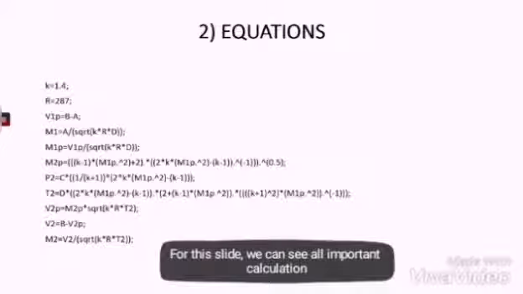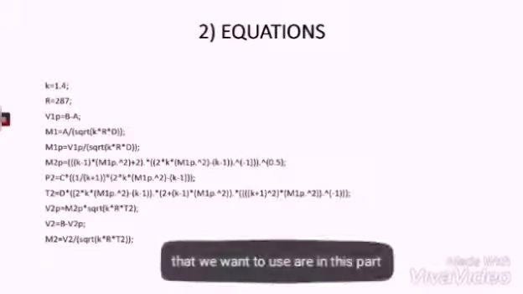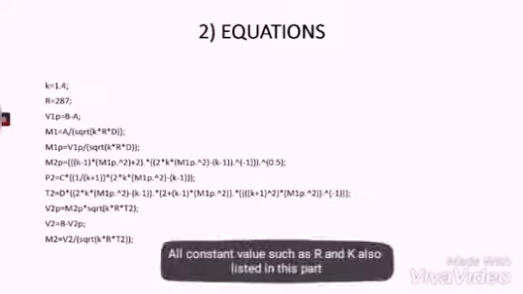For this slide, we can see all important calculations that we want to use are in this part. All constant values such as K and R are also listed in this part.